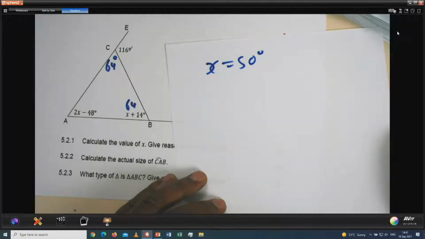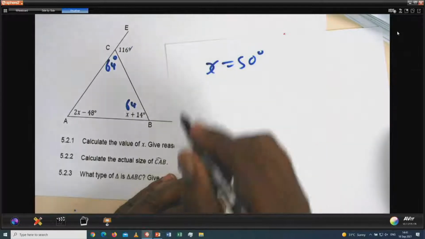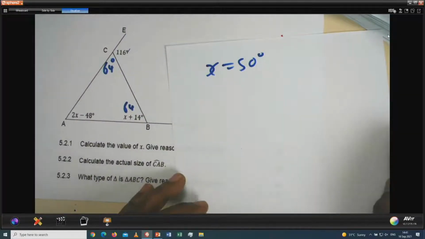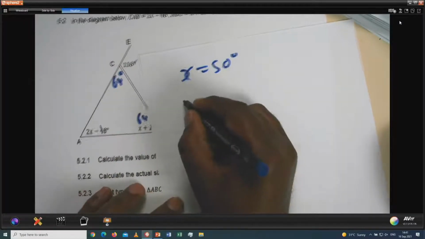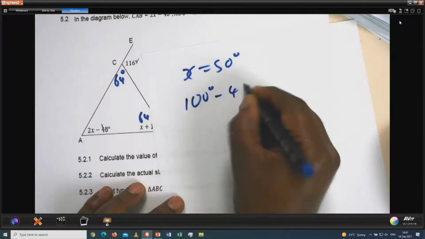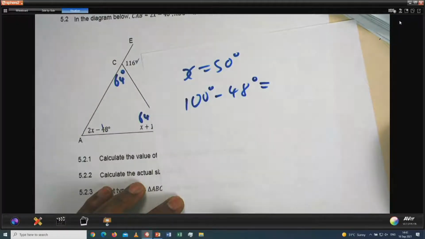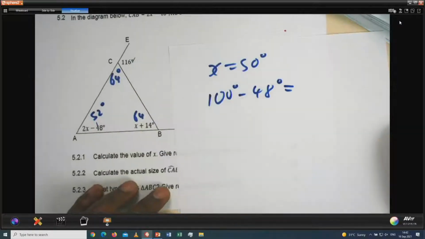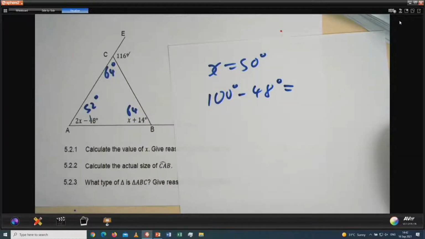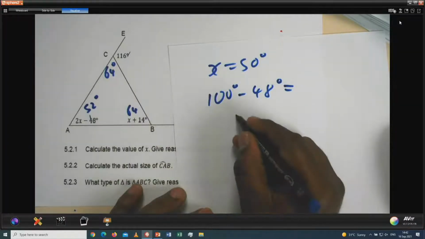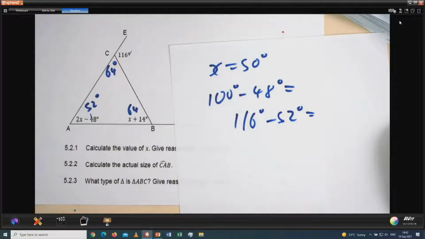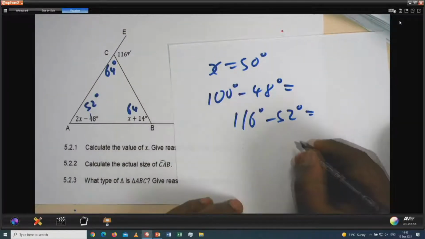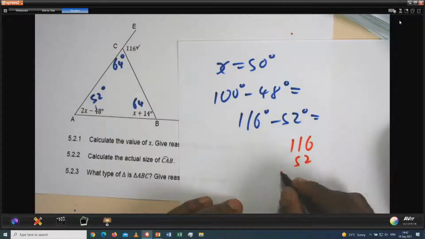Right, let's check that one. Therefore, this angle would be 100 degrees minus 48 degrees, which is 52 degrees. We agree. All right? If one is 52 degrees, 116 minus 52 will give us this one. 116 minus 52.